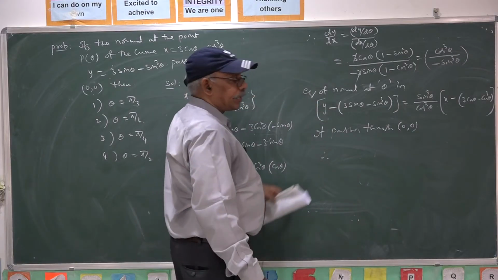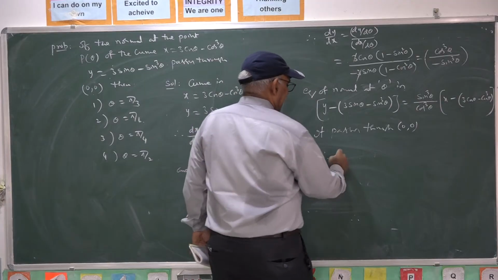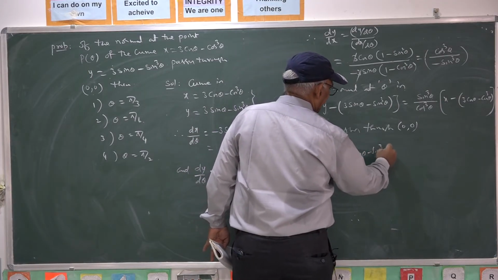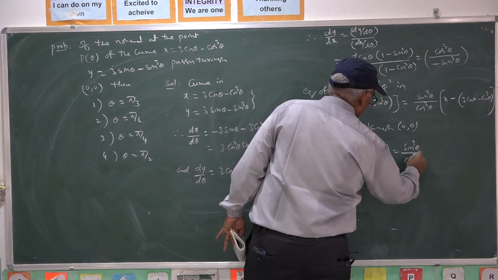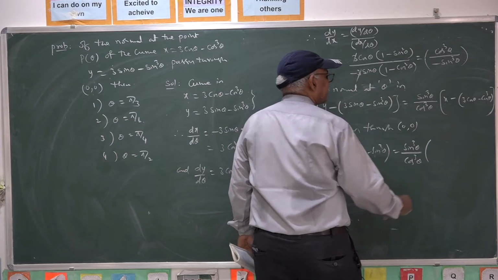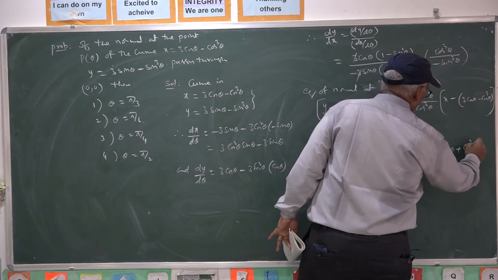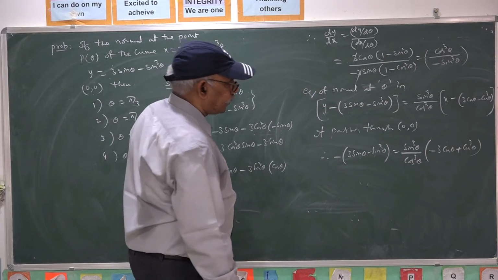Therefore, taking y equal to 0 and x equal to 0 in this one, minus 3 sin theta minus sin cube theta equal to sin cube theta by cos cube theta into minus of 3 cos theta plus cos cube theta. Taking x equal to 0 and y equal to 0, we get the same.